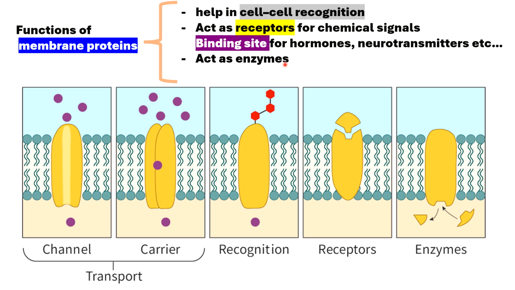So as I said before, the channel and carrier proteins are for transport. Then there's integral proteins containing glycolipids or glycoproteins, which we'll look at later, for recognition. Then some of them have these active sites for acting as a binding site or receptor, and some can act as enzymes.